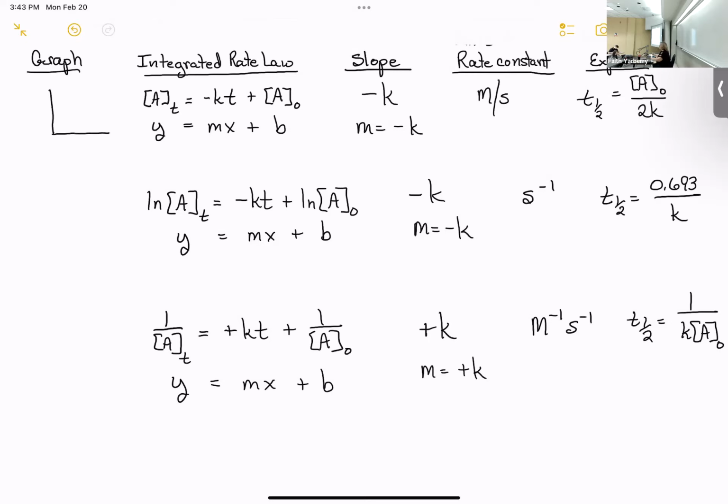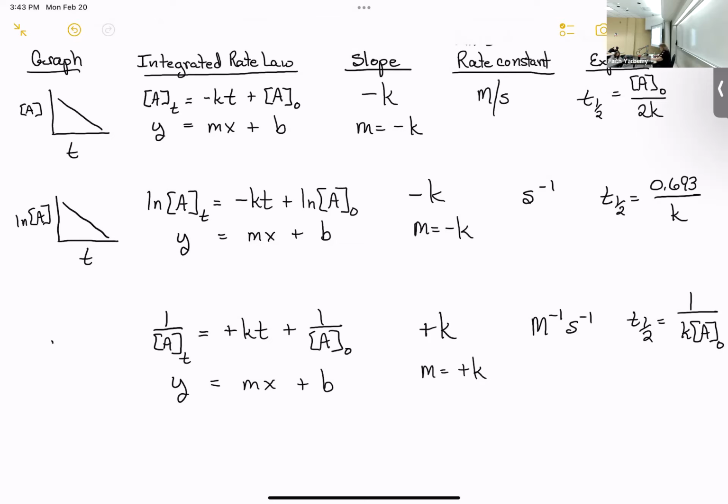So as we noticed last week, if you graph concentration versus time, you got a straight line. If you did natural log of concentration versus time, you got a straight line if it was first order, which is why you determined that your reaction was first order with respect to the dye, because when you graph the natural log of concentration versus time, that's when you got your best straight line.